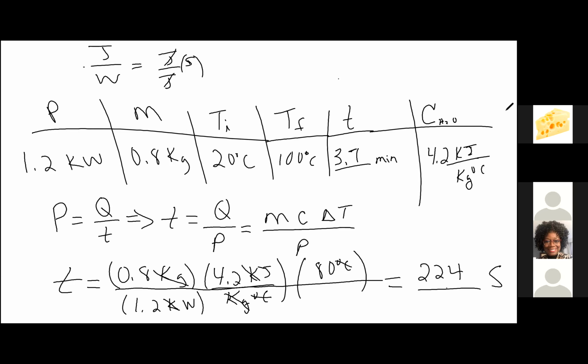Anyone else getting different answers? You're not getting 224? No, ma'am, I'm trying again. Okay, put in 0.8 times 4.2 times 80, and then divide by 1.2. Okay, I got it. Okay, and then divide that by 60 and you get the answer in minutes. Okay, any other questions?